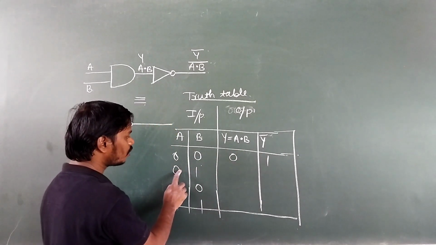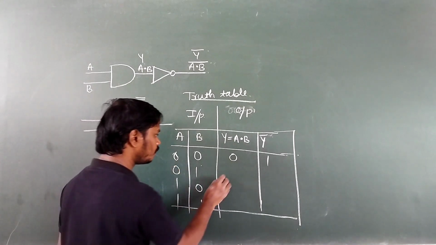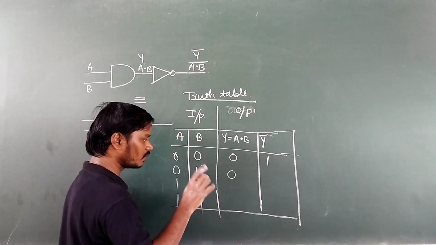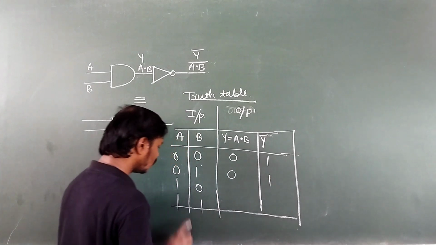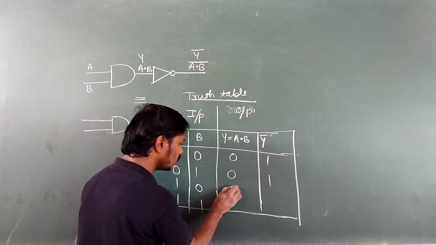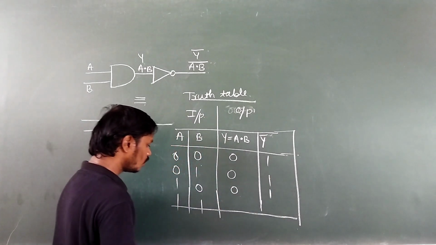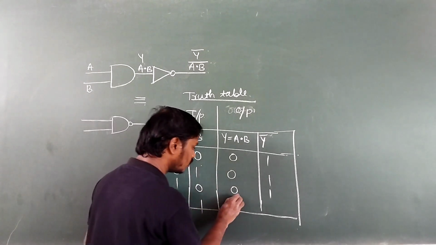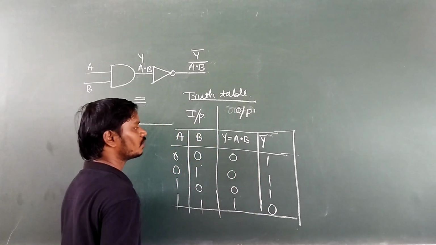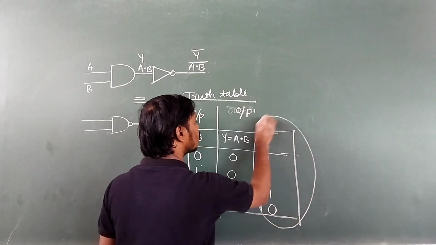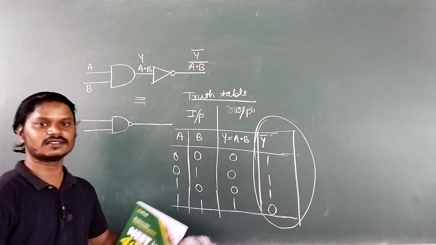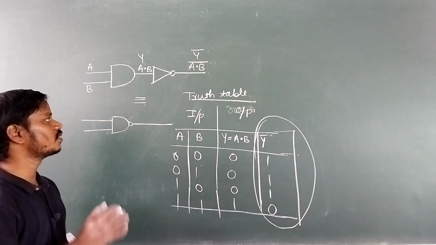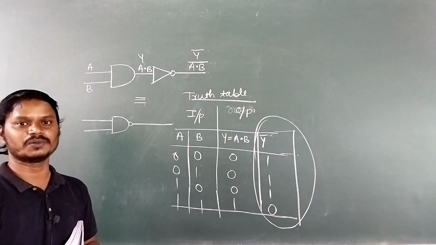Next 0 and 1 is 0, then the complement of 0 is 1. 1 and 0 is 0, then the complement of 0 is 1. 1 and 1 is 1, then the complement of 1 is 0. Hence these are the outputs of the NAND gate. So these 5 gates are very important.